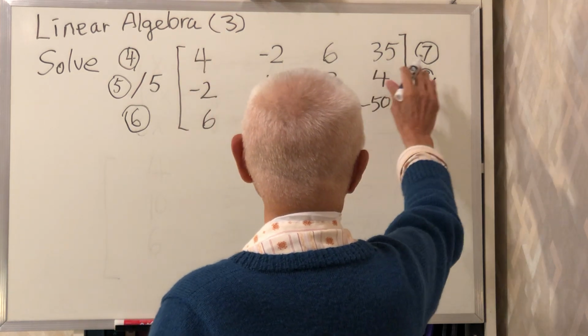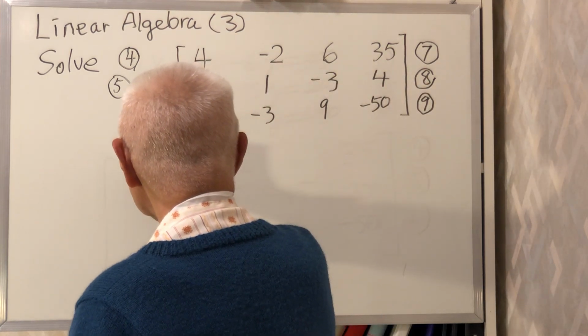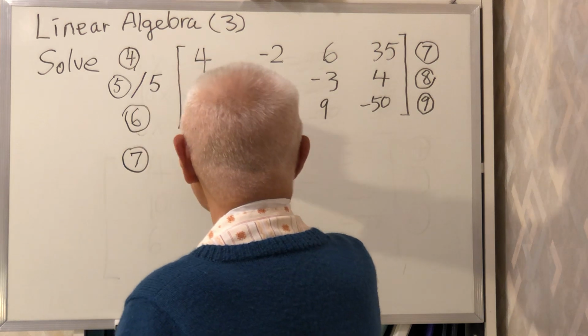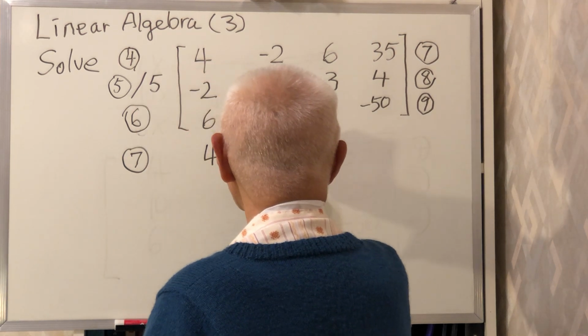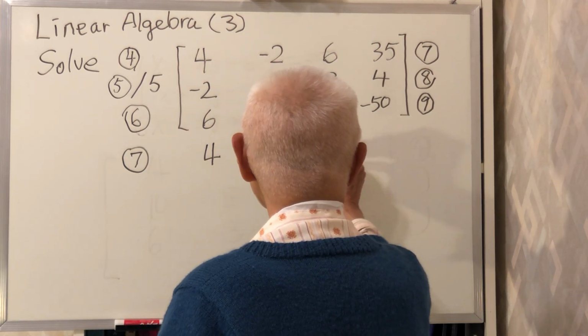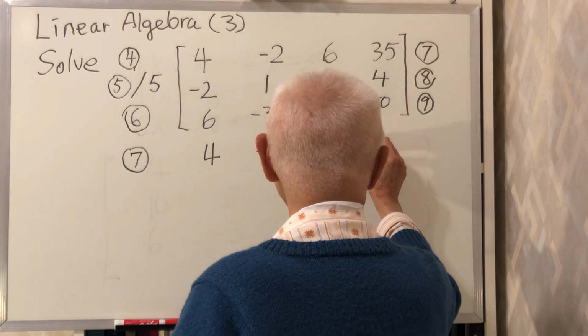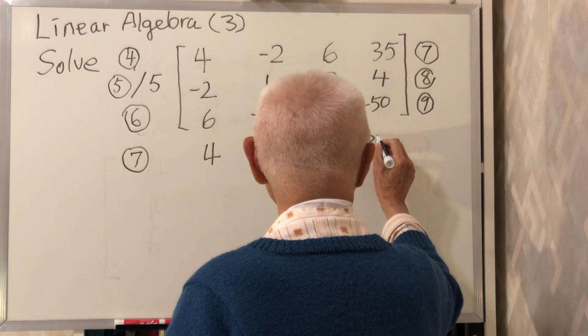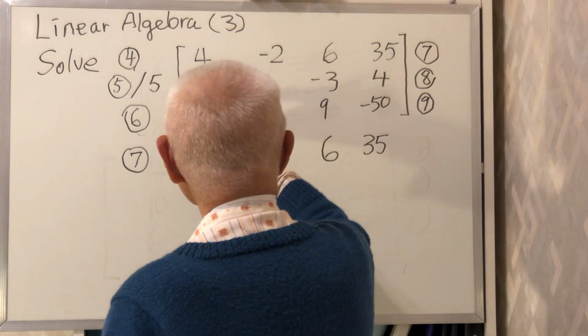Keep the first row, 7. I keep 4, minus 2, 6, 35. Now I do this.